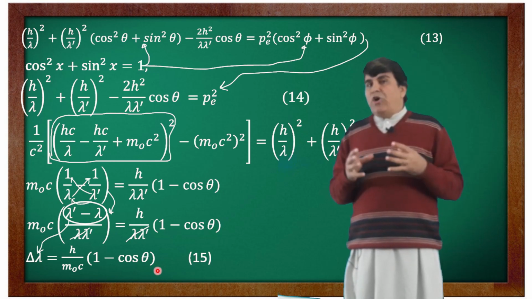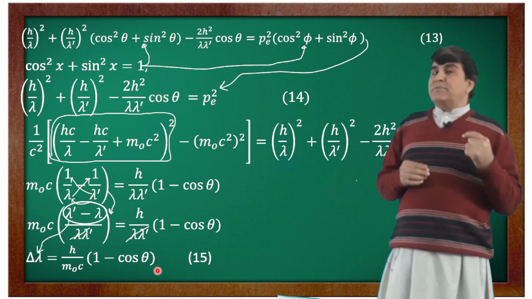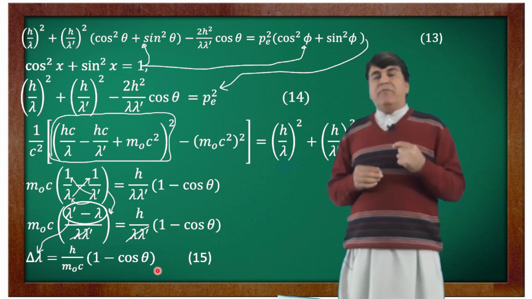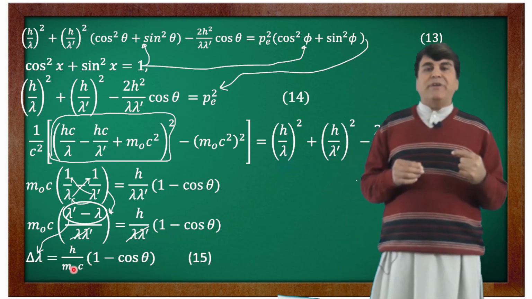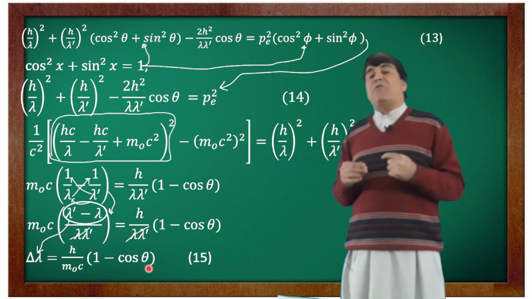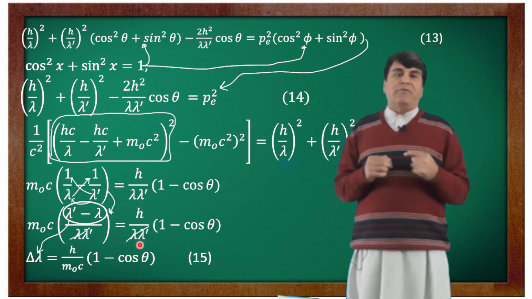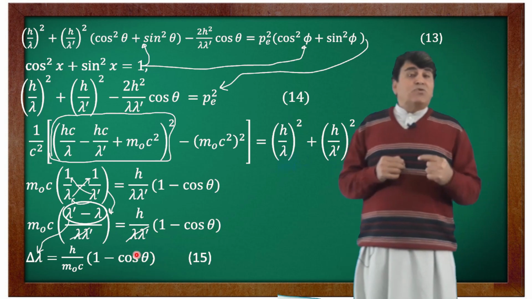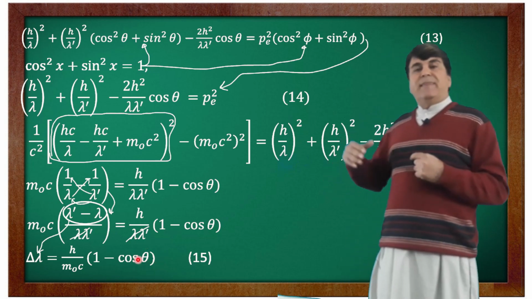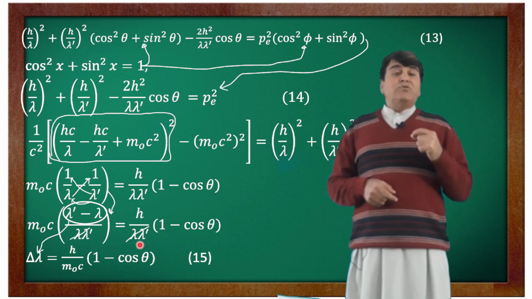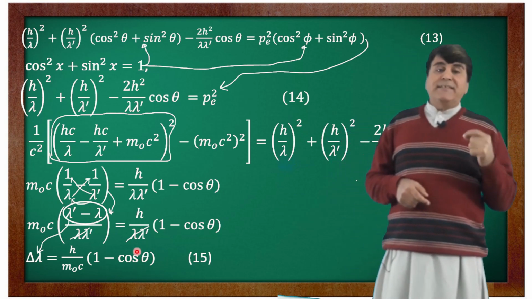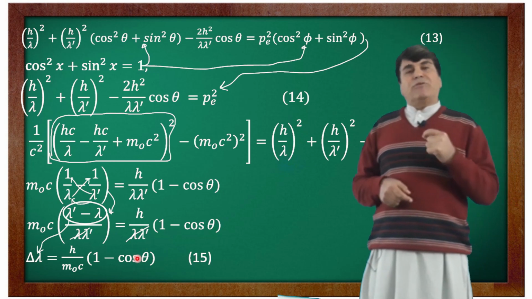Now it is quite obvious from this equation that the Compton shift is independent from the incident wavelength, time of exposure to the X-ray source, and nature of the scatterer, because none of these quantities appears at the right side of the equation. It depends only on the scattering angle θ of the scattered photons.